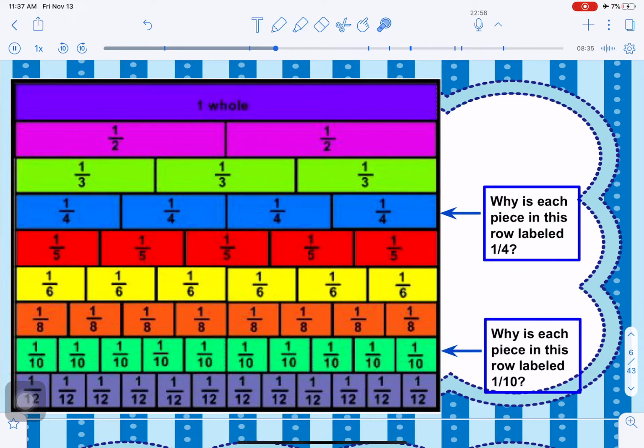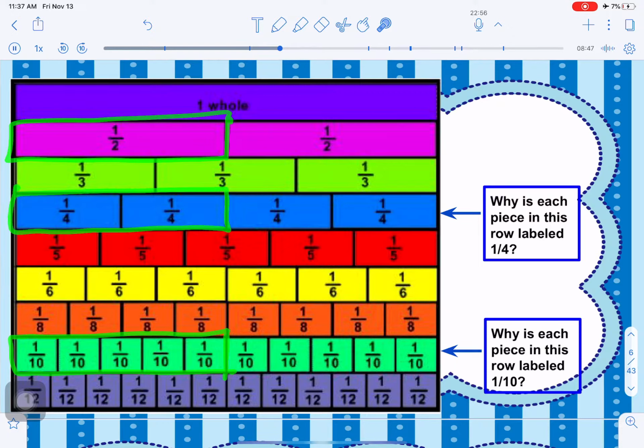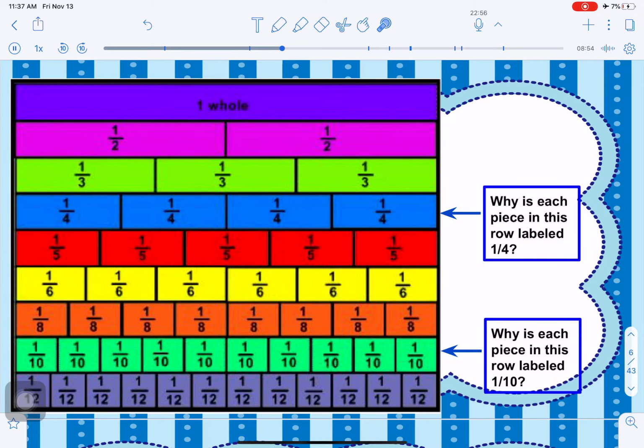And then we can also see that 5 of these pieces, 5/10, is equal to 1/2, it's equal to 1/4, it's equal to 3/6, to 4/8. So we see a lot of relations here, which we're gonna be asked about in a few slides.